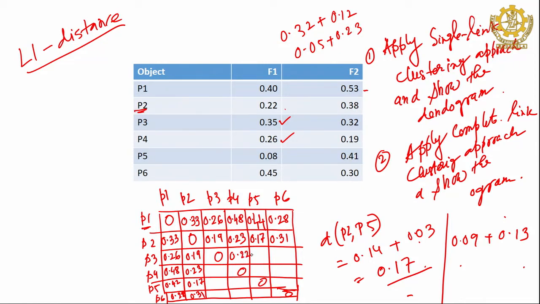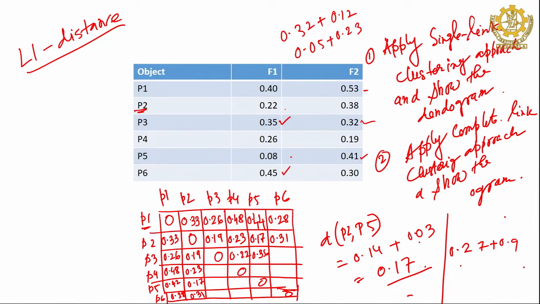Then P3 P5, so this is how much, 0.27 plus P3 P5, so 0.9, so 0.36.